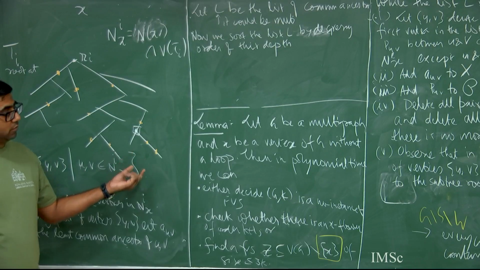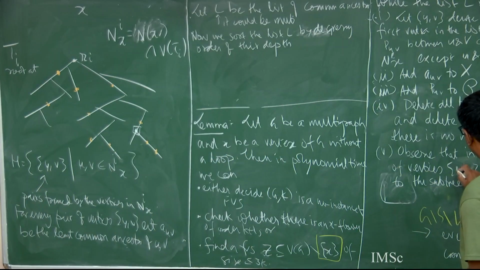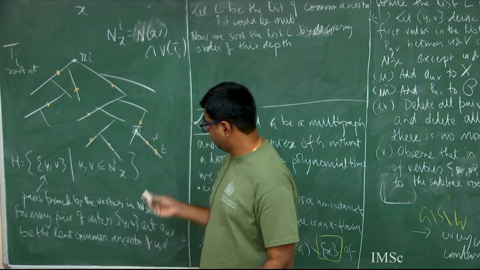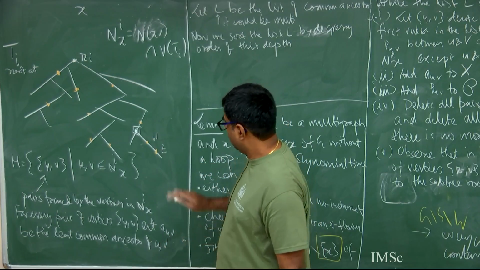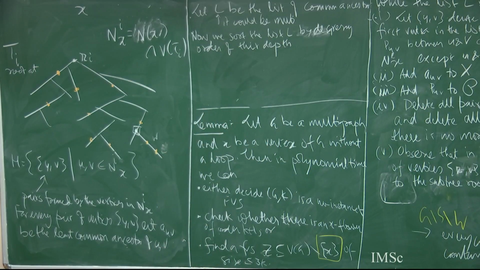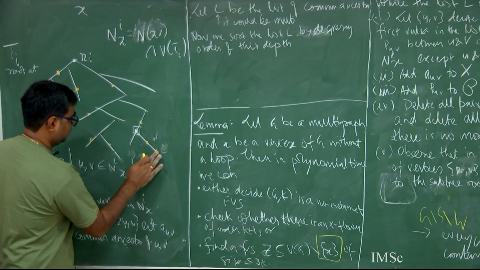And so we should say there is no pair, say Z, W, such that either Z or W belongs to the subtree rooted at A_UV in T. Okay, this is correct. You're right. Because if you had some W and Z below this of this nature, then why did this not happen? But what about this?